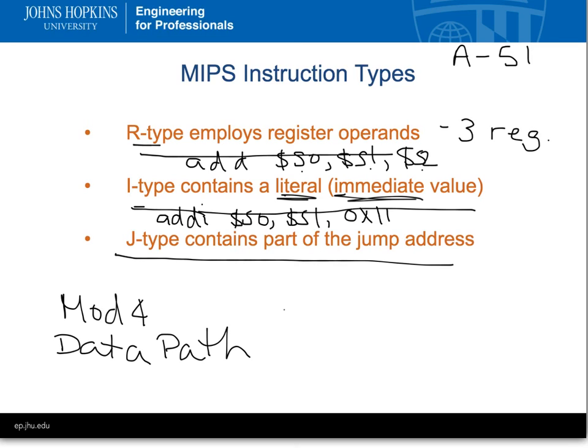And again, you can find add immediate on page A51, and there are others in there. Anything that you see that says immediate. Jump is actually a simple one, and that's on page A63 in your book.